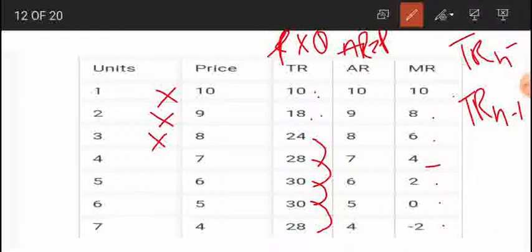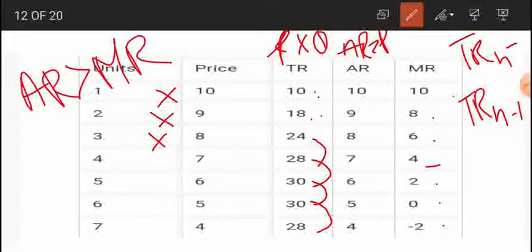Now, what we can conclude, when price of the commodity does not remain constant, average revenue is always greater than marginal revenue. Clear, beta? Average revenue is the price and it is calculated from total revenue.